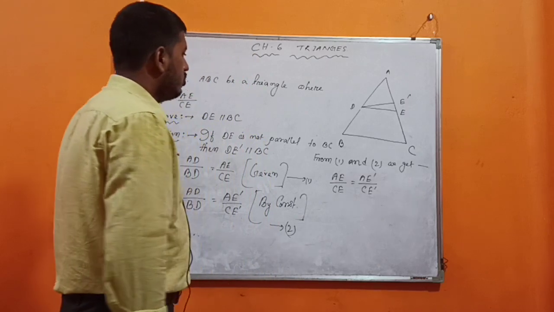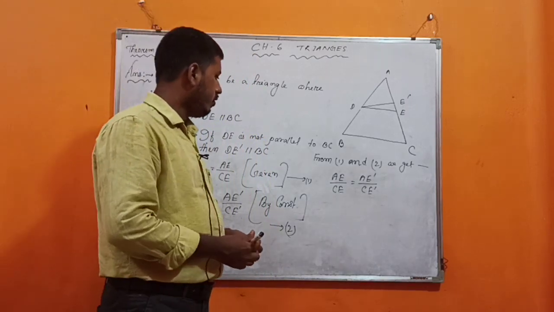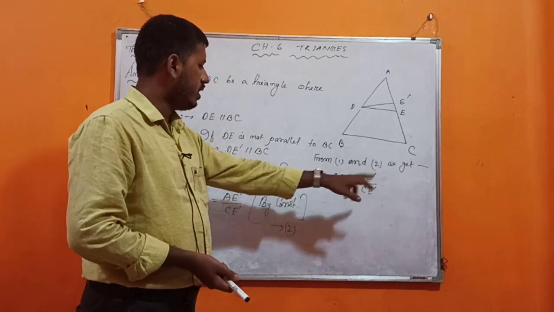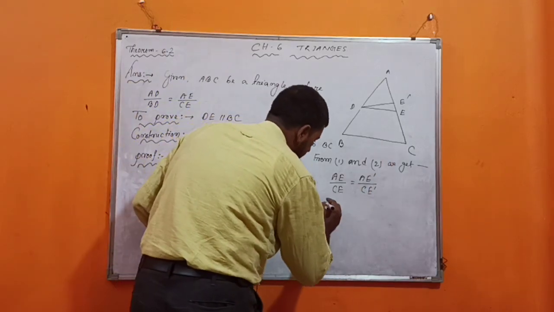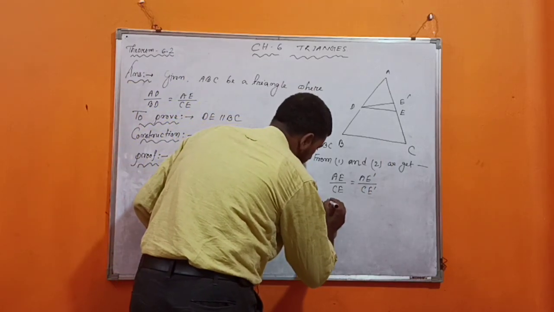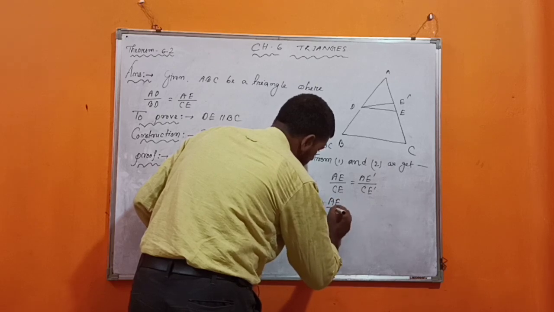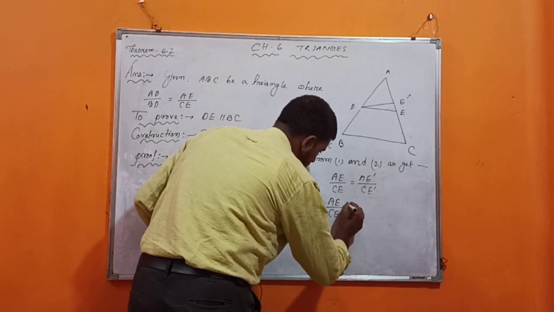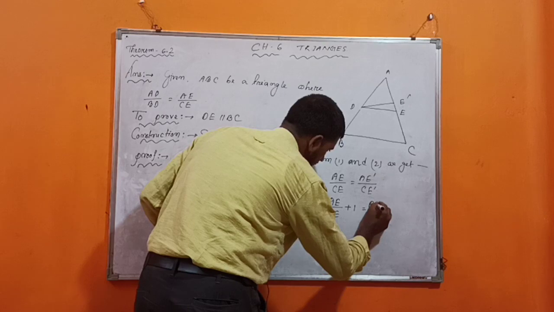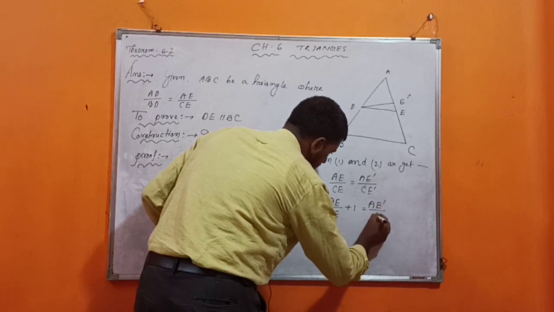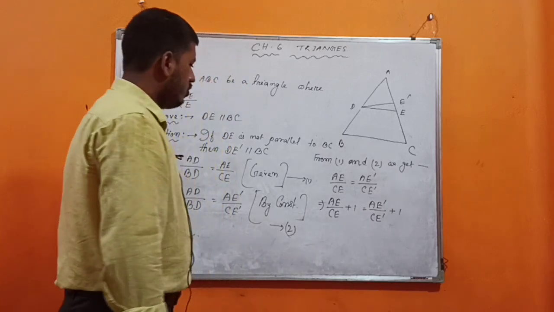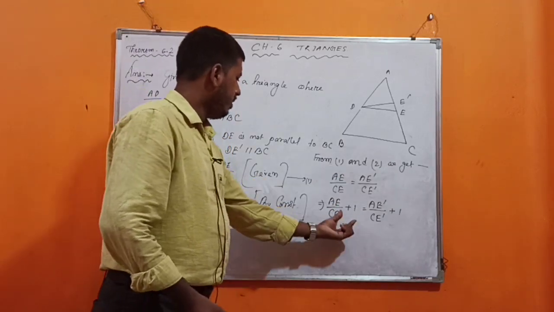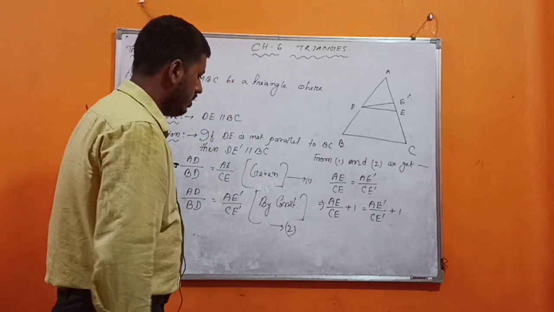Okay, so to prove the theorem we have to add 1 on both sides of the equation. Okay, why we are adding 1? To prove the theorem we are adding 1 on either side, that is AE by CE plus 1 is equal to AE dash by CE dash plus 1. Okay, so what we have done, we have added 1 on either side of the equation.